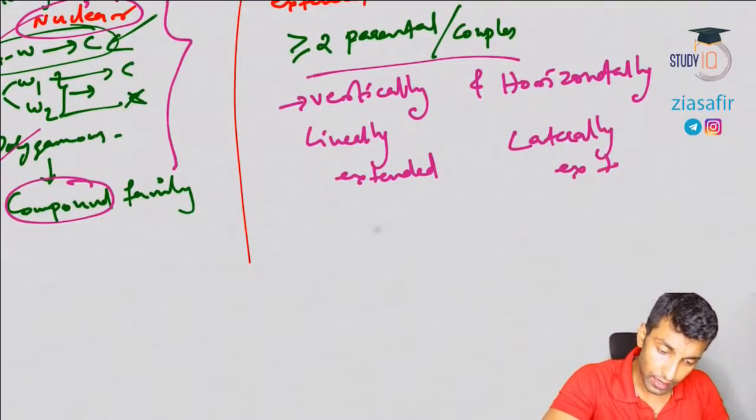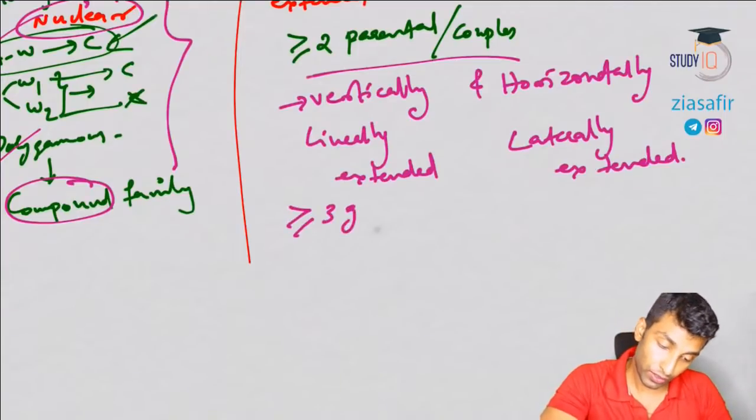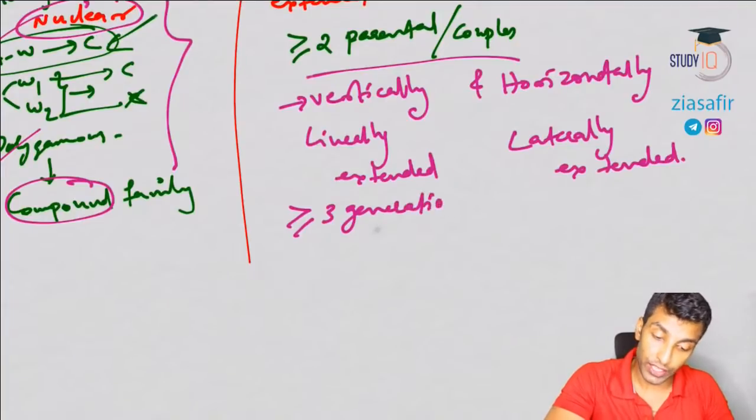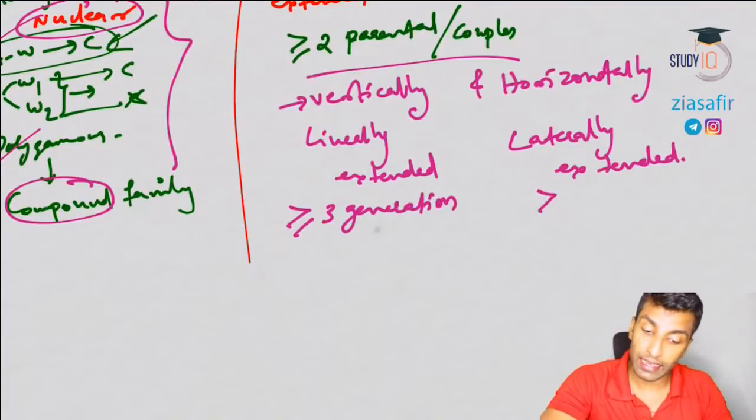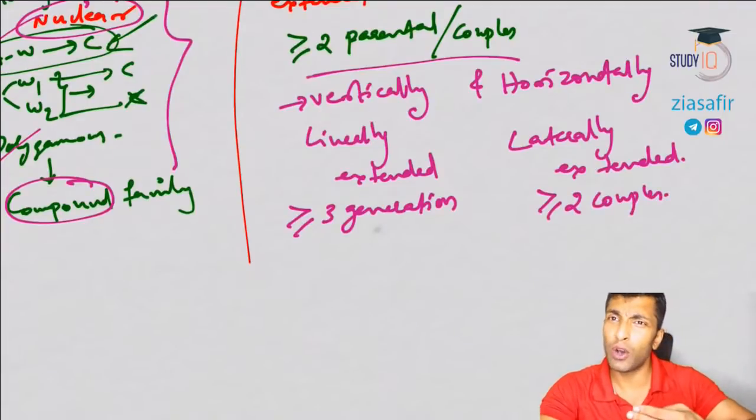Linearly extended or vertically extended, you will have three or more generations. In laterally extended, it is more than two couples, or parental groups.